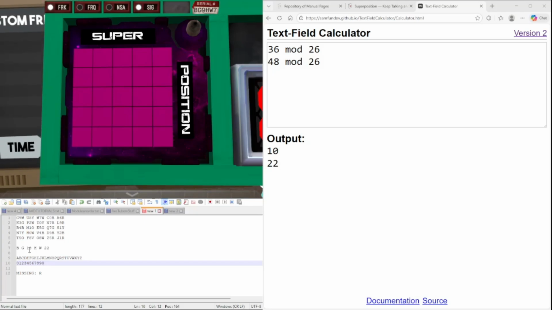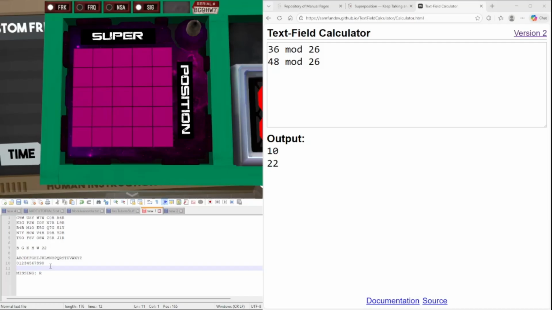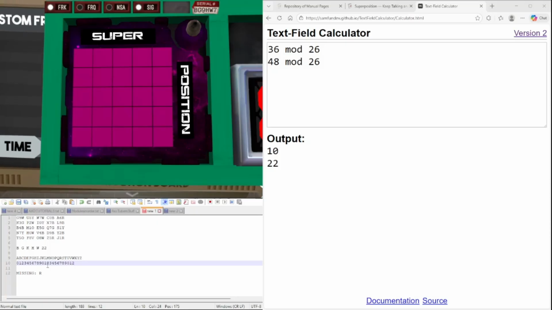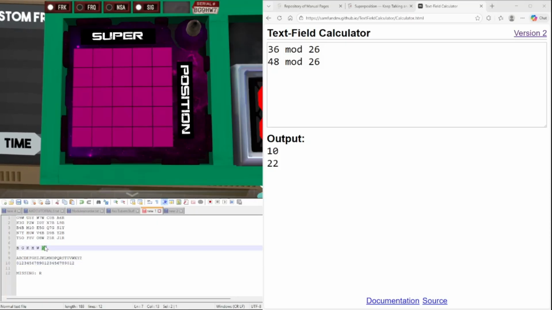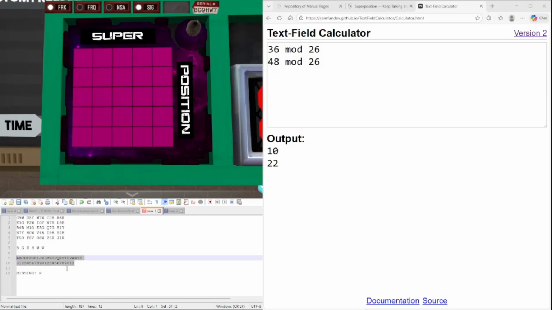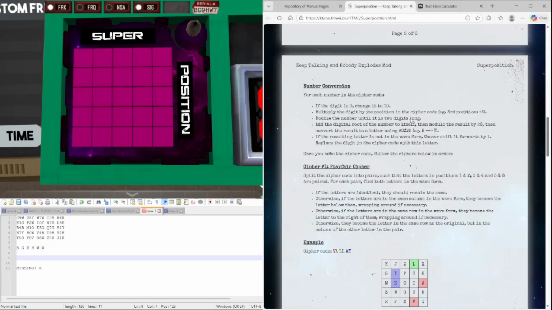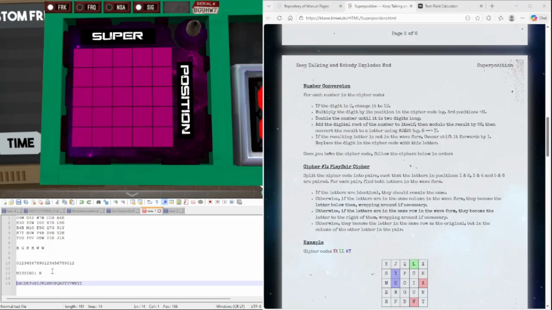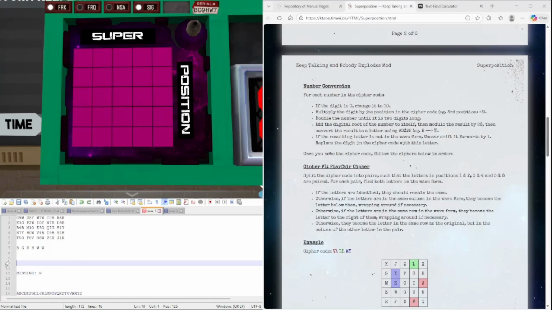So yeah, that's a K. 22, W, yeah. Put that down here just because I need it again.